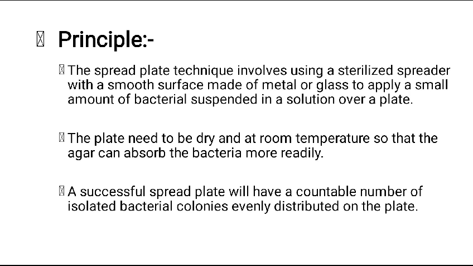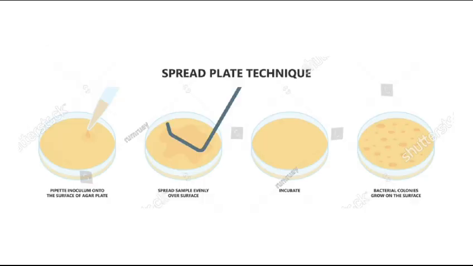The plate needs to be dry and at room temperature so that the agar can absorb the bacteria more readily. A successful spread plate will have a countable number of isolated bacterial colonies evenly distributed on the plate. This is the diagram of spread plate technique.